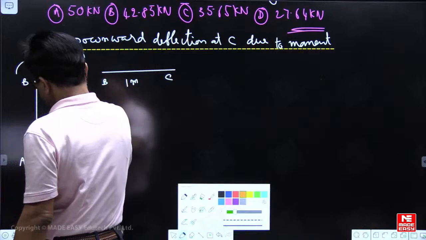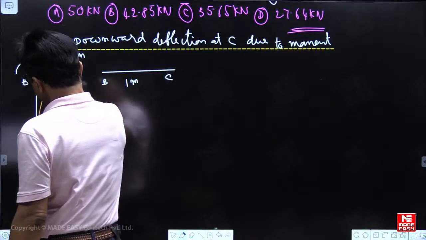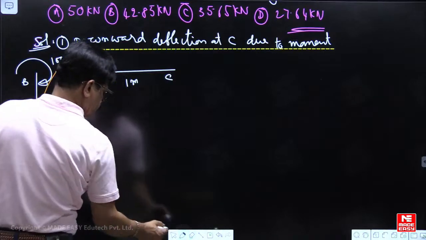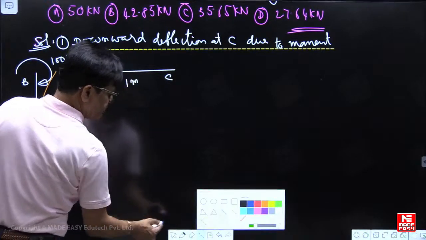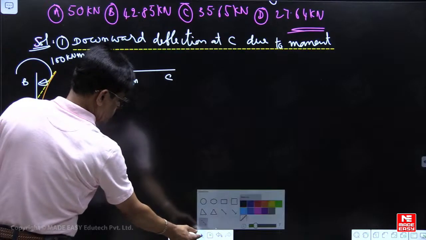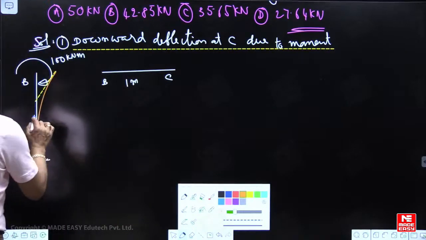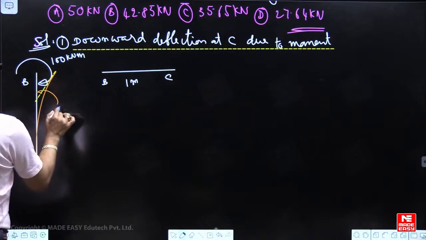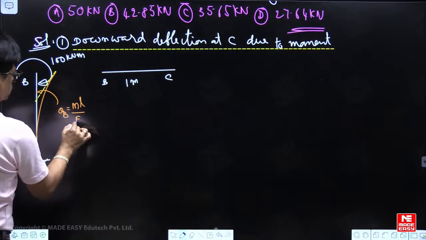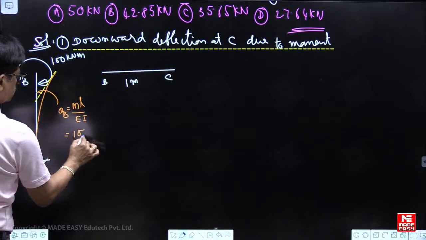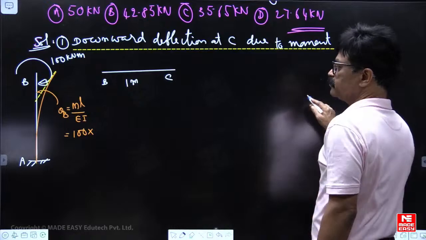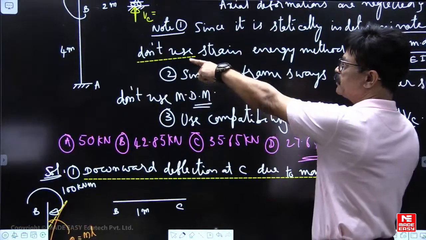When I apply moment, like this it will bend. We know the formula for theta B. What is the length? 4 meters.